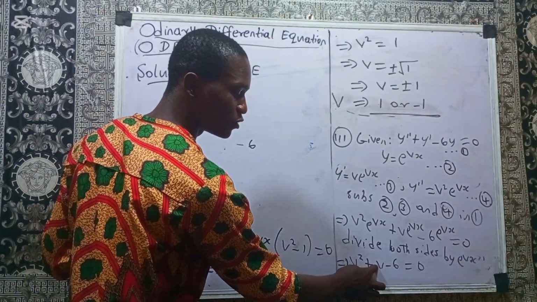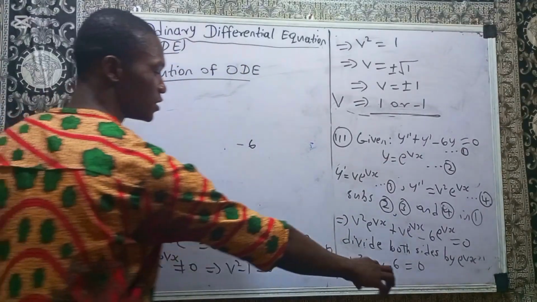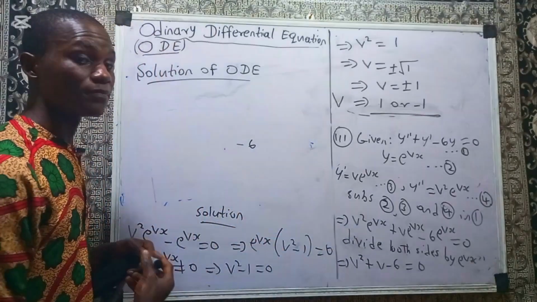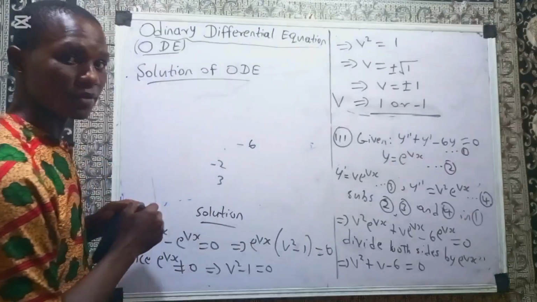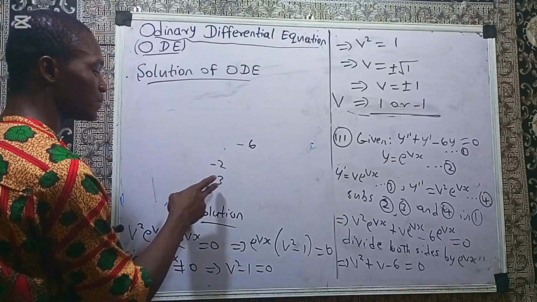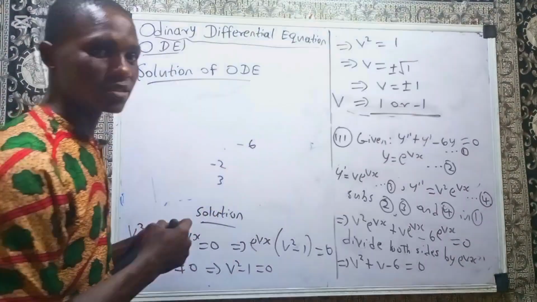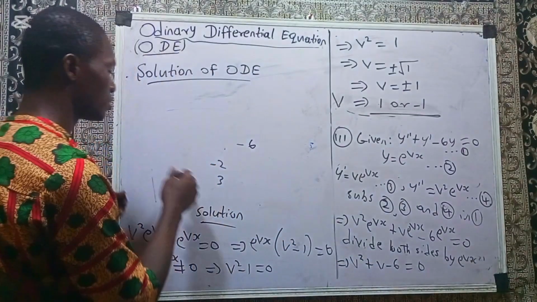So look for two factors of negative 6 that will give us the coefficient of the middle term, which is 1. Let's consider negative 2 and positive 3. Negative 2 multiplied by positive 3 gives negative 6. Let's check the sum: negative 2 plus 3 gives positive 1, the coefficient of the middle term.